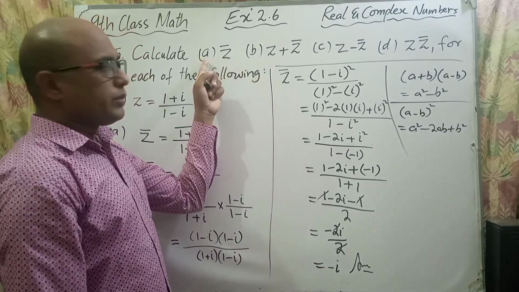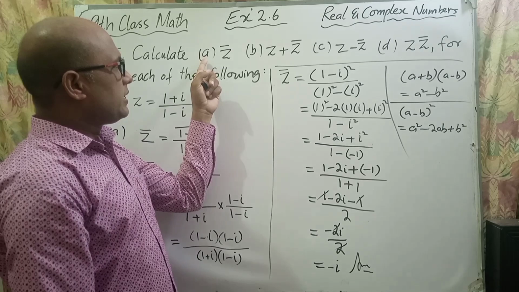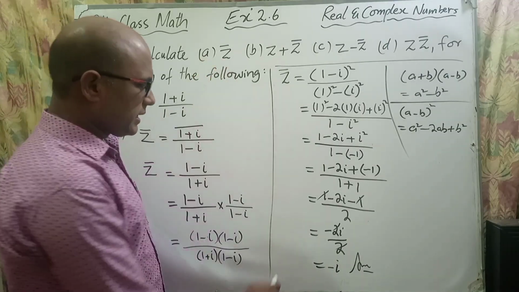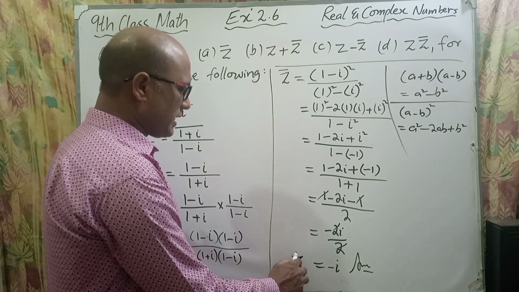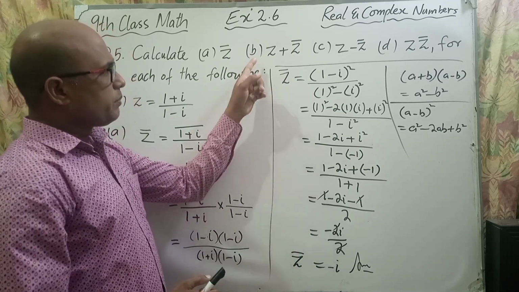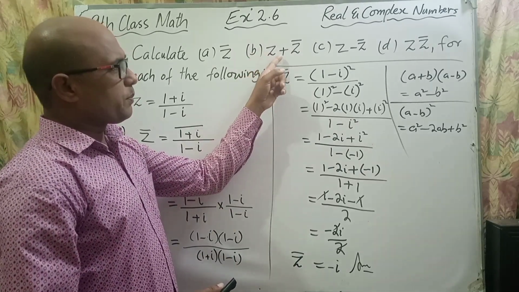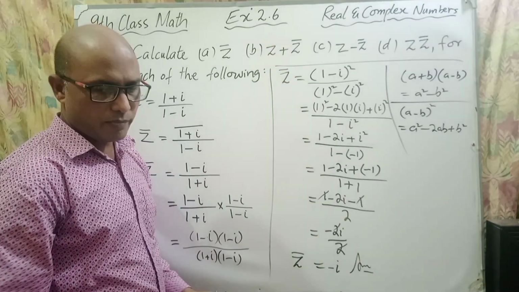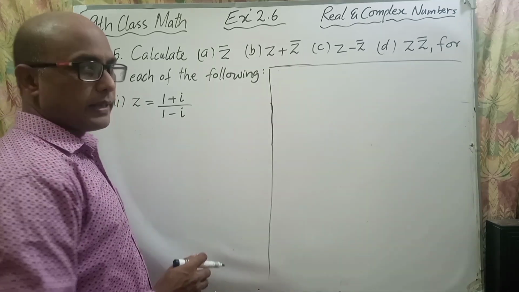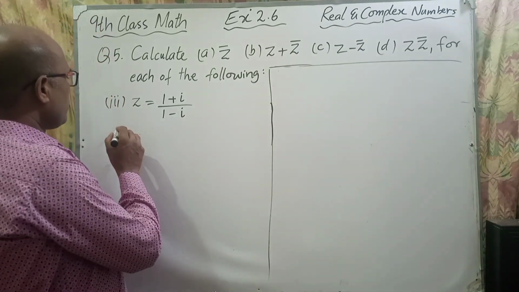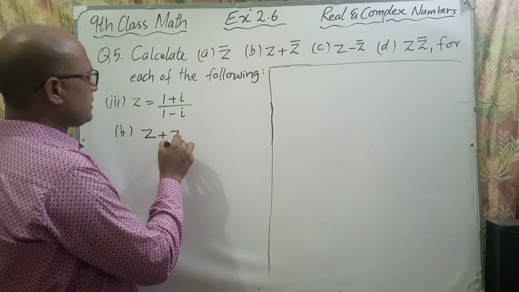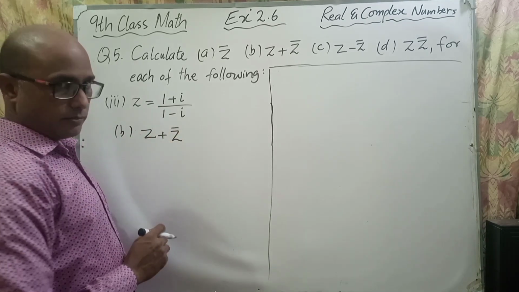Students, we have found the answer of A part, means Z bar. This is the value of Z bar. So next we'll do part B, students, Z plus Z bar. So we'll erase. Students, we are going to do Z plus Z bar.